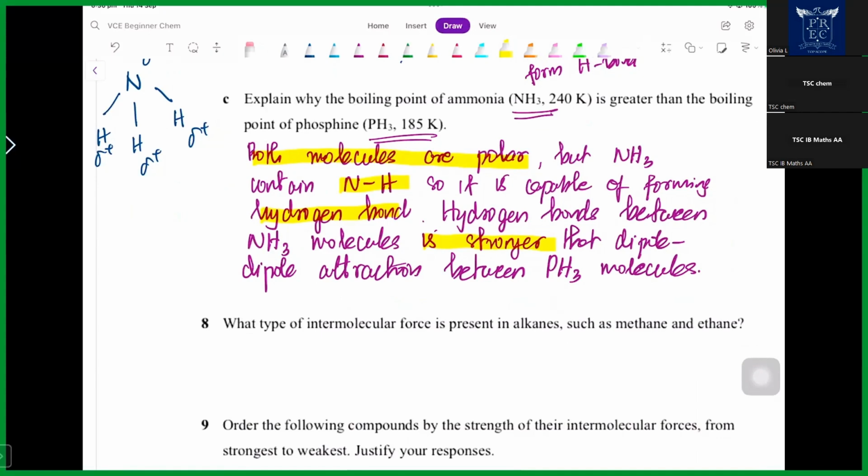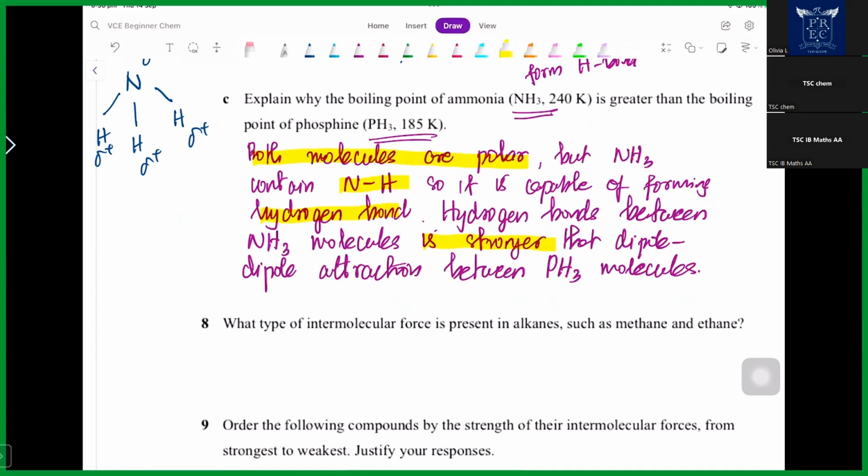Okay, what type of intermolecular force is present in alkanes, such as methane and ethane? What do you call those forces? Are they polar molecules? Whether they are polar or not, how do you determine? It is the difference in electronegativity.